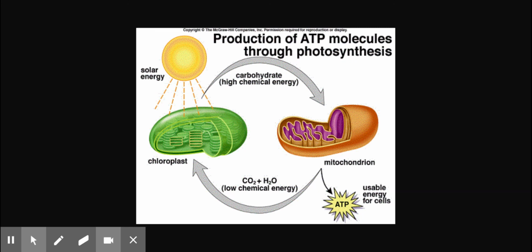And that change in shape causes the function of whatever it is that it's doing. And so changing the shape of the protein channel pushes the molecule out. ATP is primarily used for cell division, growth and maintenance, and things like active transport for homeostasis. Any type of cellular work that needs to be done.